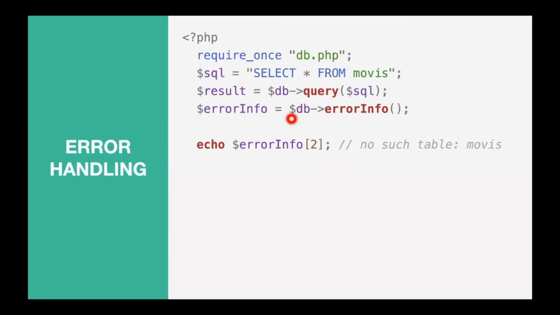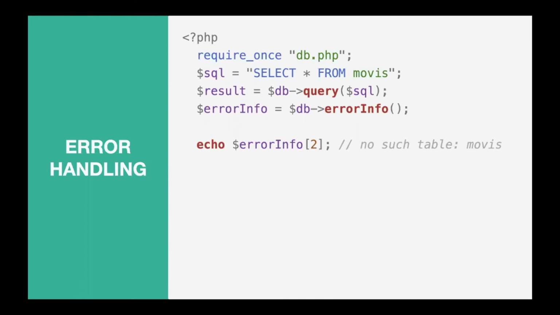So we can do a db errorInfo method, and this variable errorInfo will equal an array. Then we'll check to see if the third item, the index 2, has anything in it, and it would say something like no such table movies. So when we see that this errorInfo has a value, that's an indication that we have an error.